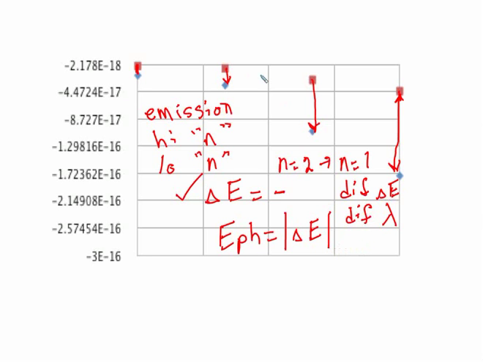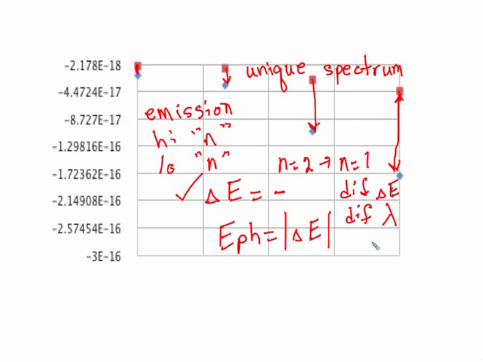And that's why each element has its own unique atomic spectrum. So we can use it as a fingerprint to identify that substance. Just because it's n equals 1 doesn't mean it's an exact energy value that is the same all along. That's the point I was trying to make there.